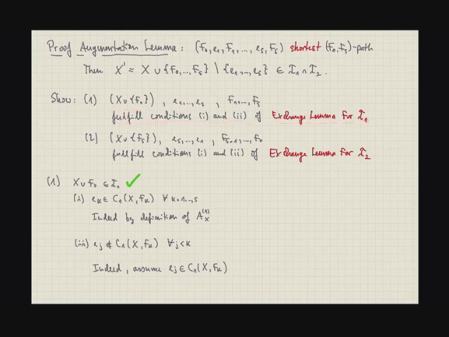And then I show the same thing for the second matroid, only using different elements. So for the second matroid, element Fs was chosen to be of the set Tx, which were the elements that could be feasibly added with respect to the second matroid. So this is an independent set in the second matroid.